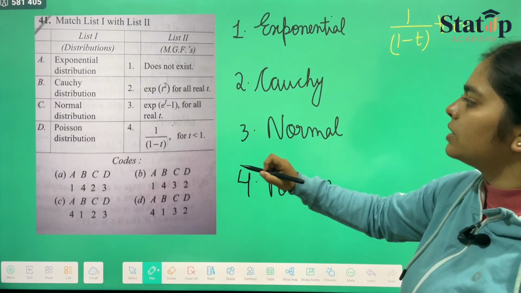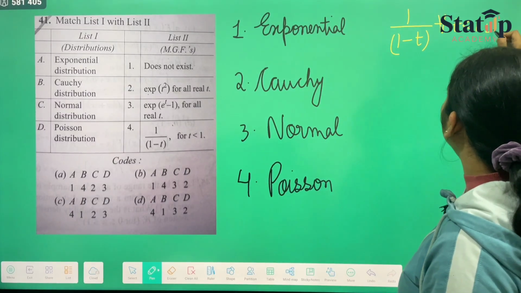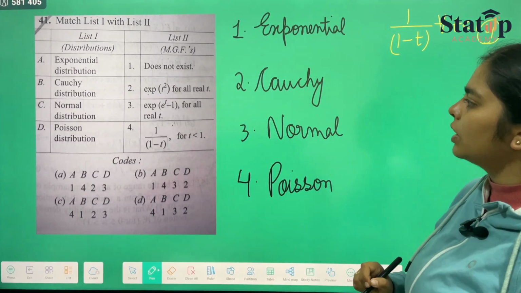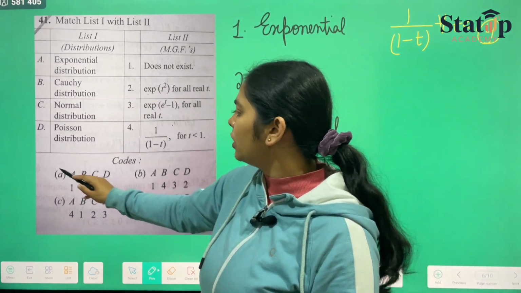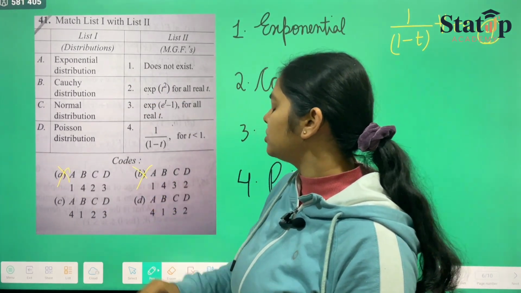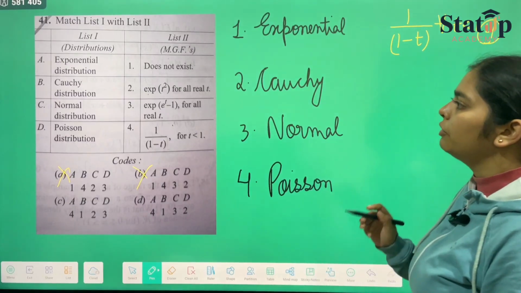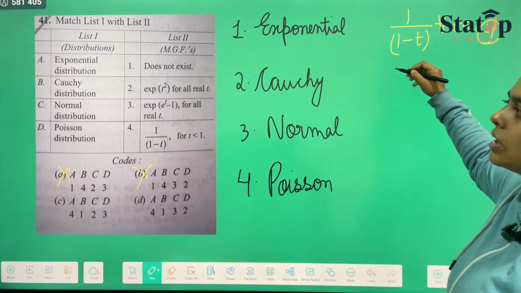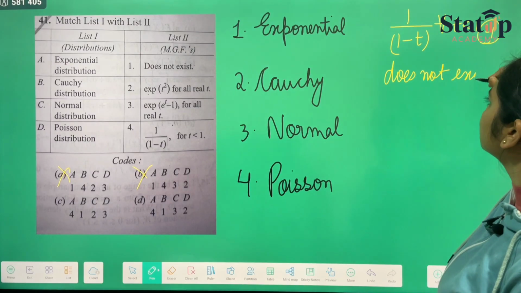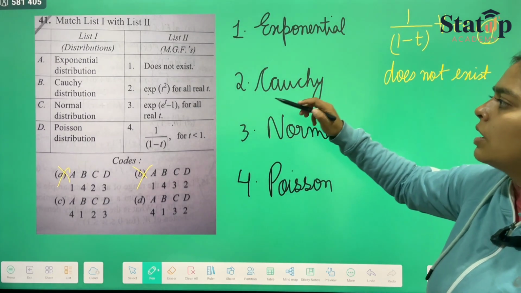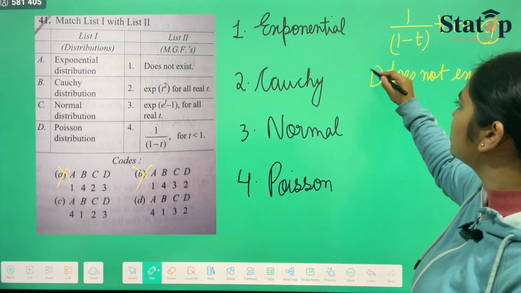So this matches our option number 4. So A matches with option number 4. Wherever A matches with 1, it is wrong. If we talk about the Cauchy distribution, the MGF does not exist. So B matches with option number 1.